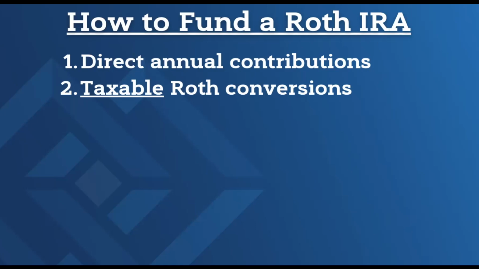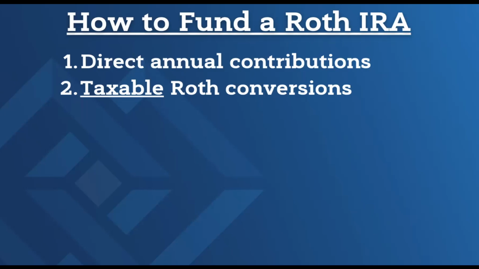Taxable Roth conversions are often appropriate during years of lower taxable income, commonly in retirement between the termination of employment and when Social Security benefits, other pensions, Medicare coverage, and required minimum distributions (RMDs) begin. During the traditional versus Roth contributions lesson, you'll learn more about how pre-tax contributions and Roth conversions may complement each other to reduce your lifetime tax liability.